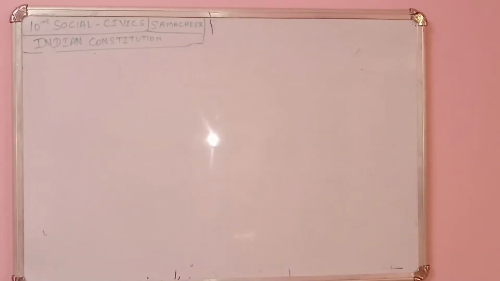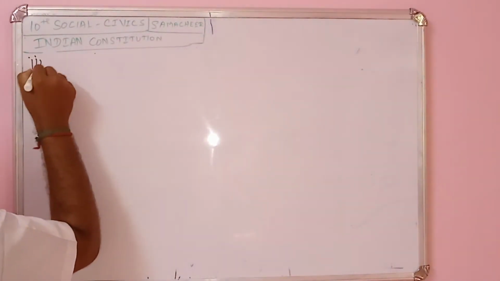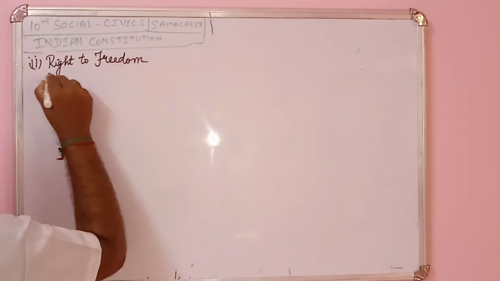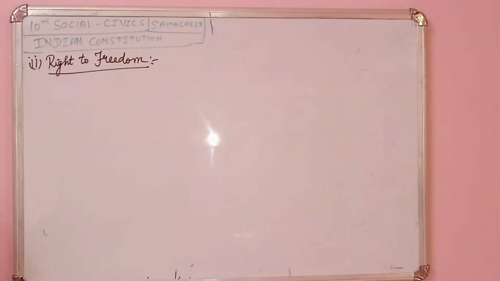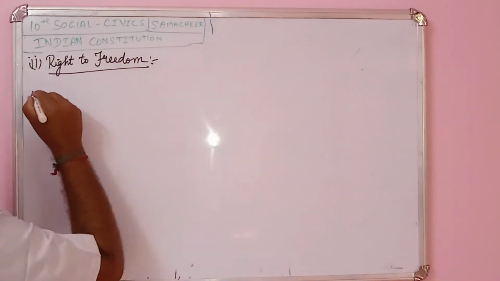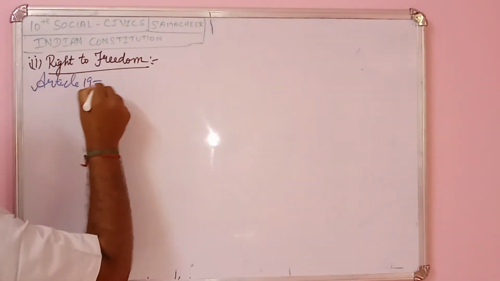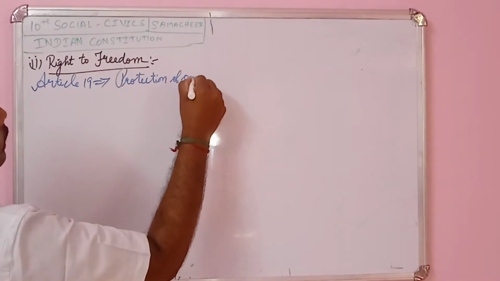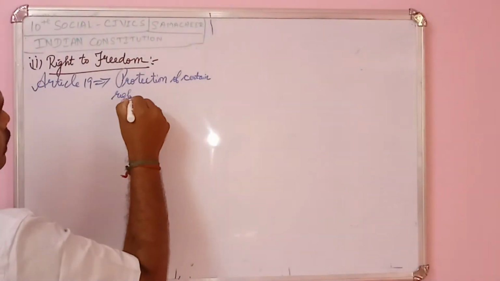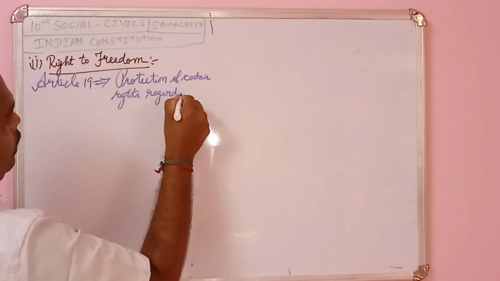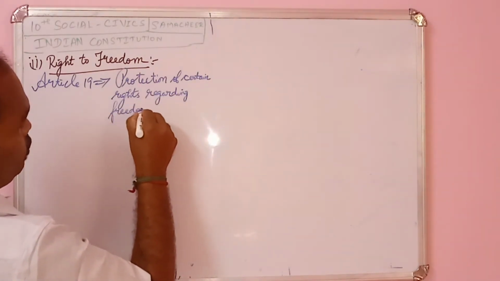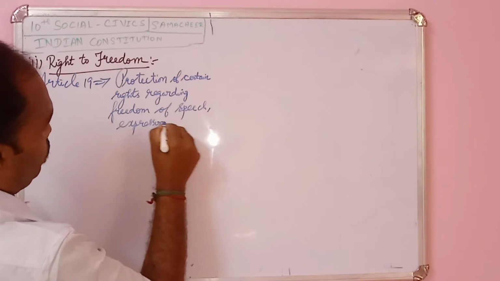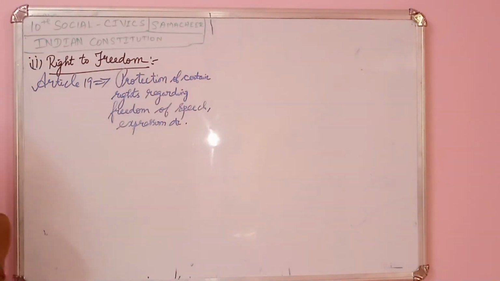Next one is right to freedom. First one is Article 19, protection of certain rights regarding freedom of speech, expression, etc. Next one is Article 20.